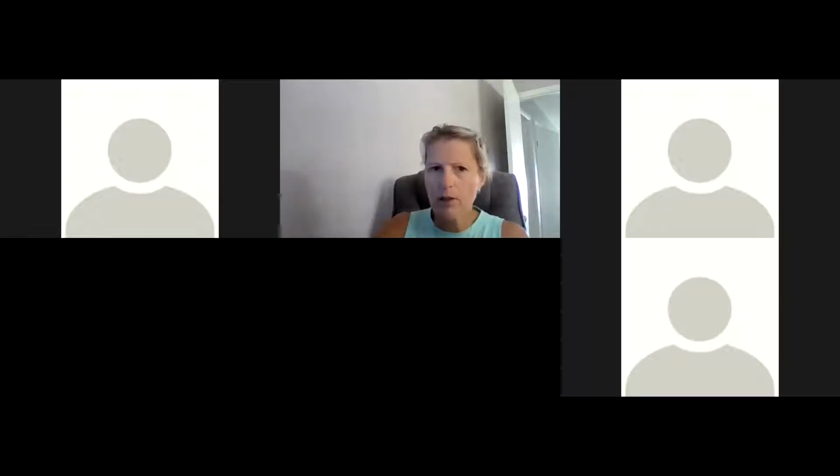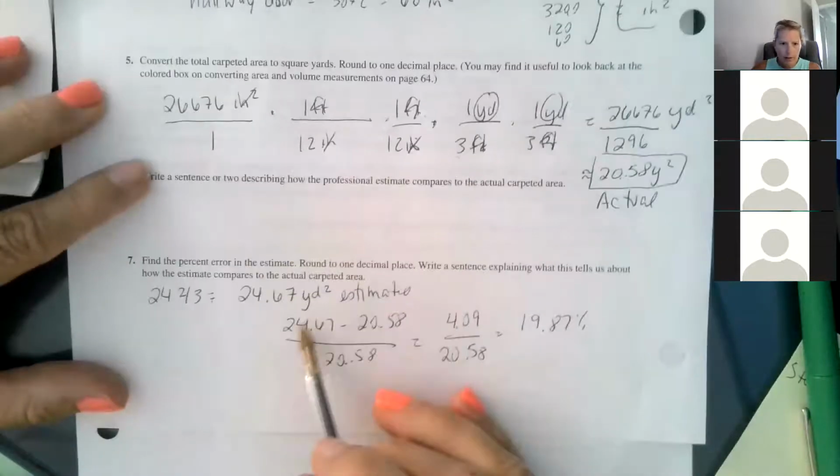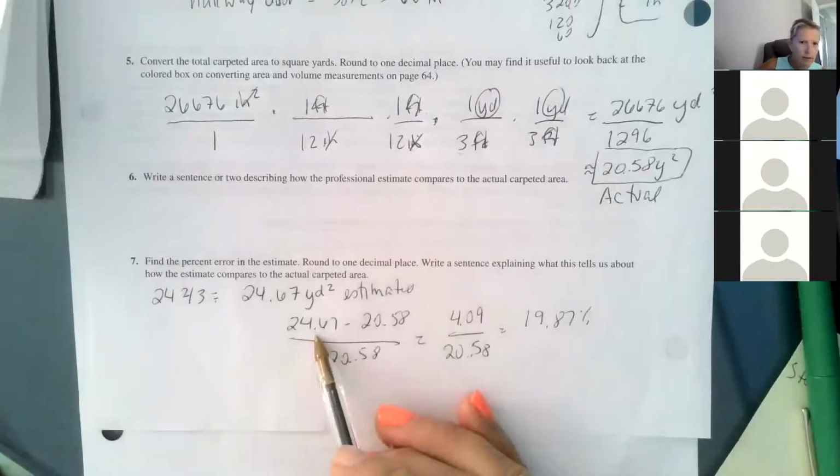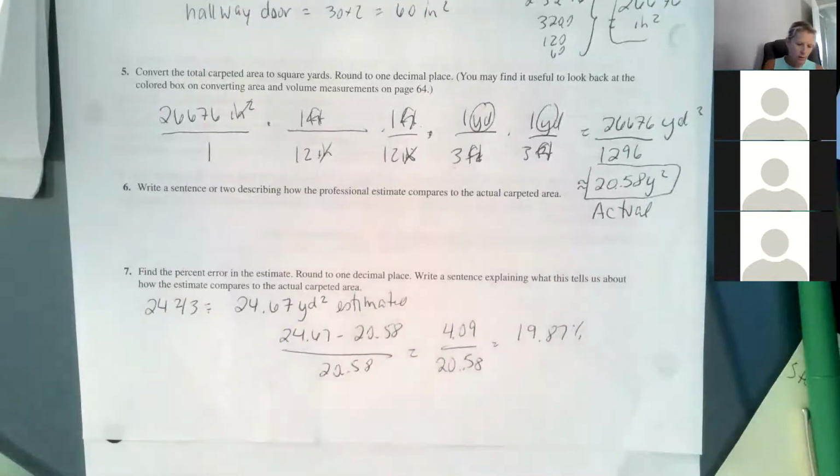So let me share my screen real quick on this, Stephen, before I go to the other. Okay. Sorry, this is always very touchy for me. So our estimate was 24.67, subtracting the actual, and make sure you divide by the actual.